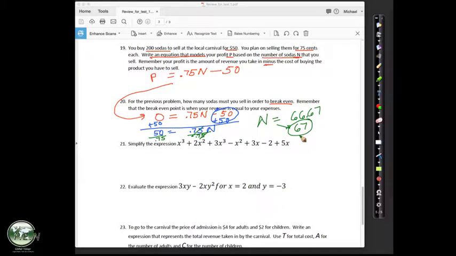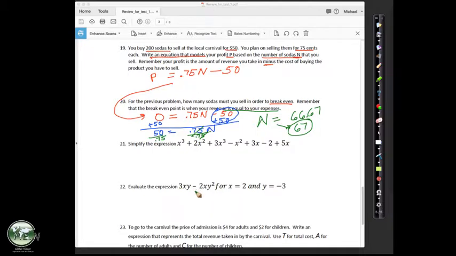I just didn't know if they wanted greater than, less than, or greater than or equal to. You could also just say, okay, revenue equals cost, so it'd be 0.75n equals 50. You could jump to this last statement if you wanted to. But no, they didn't want an inequality, they wanted just a single answer. How many cans do you need to sell to break even? And again, because it's a partial, we round it up, and we're good.